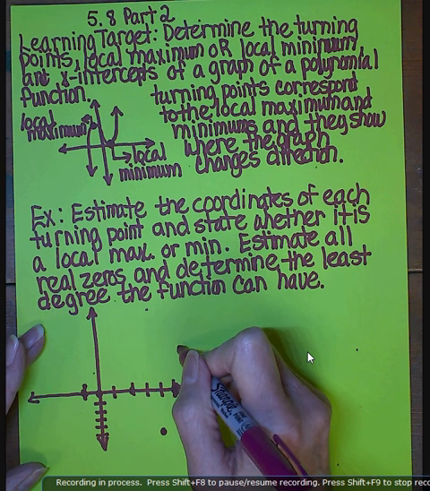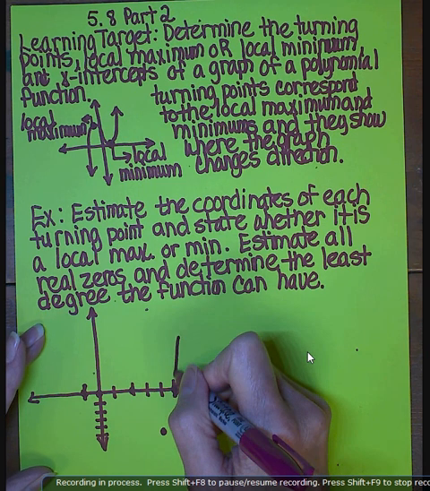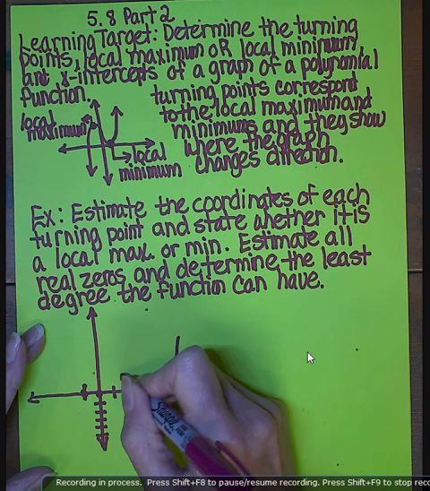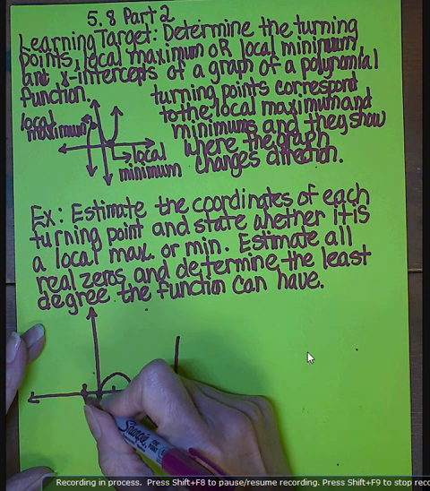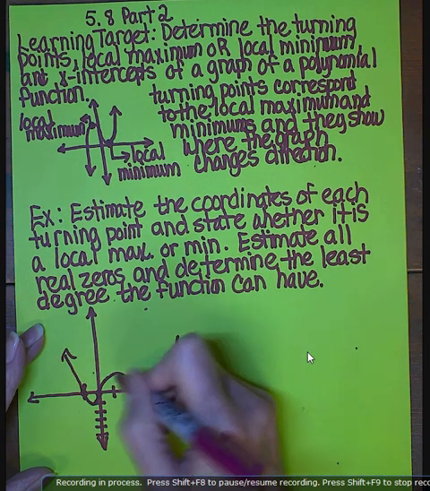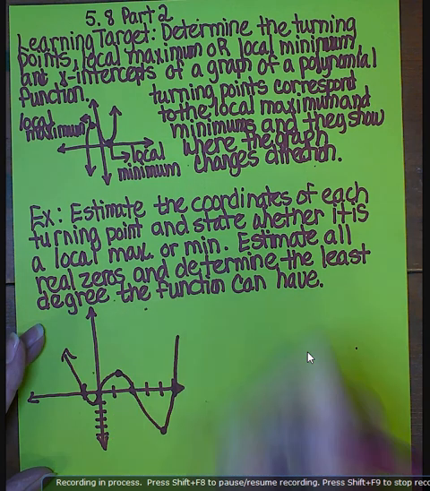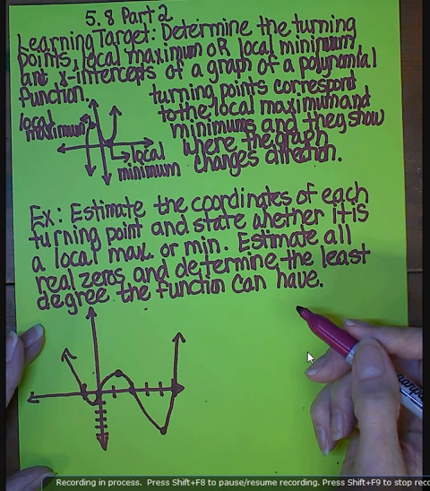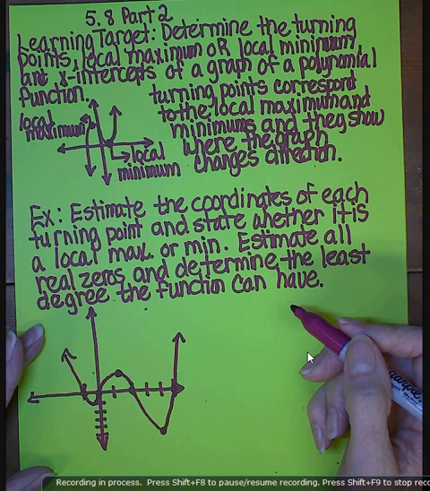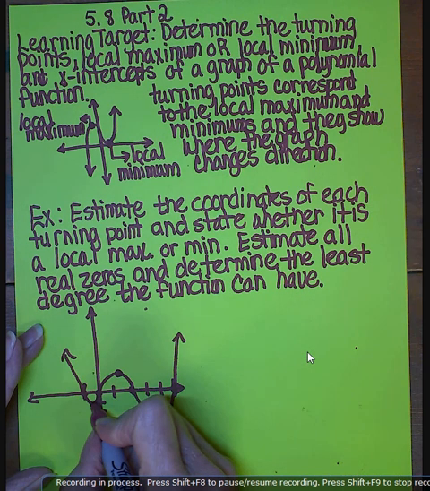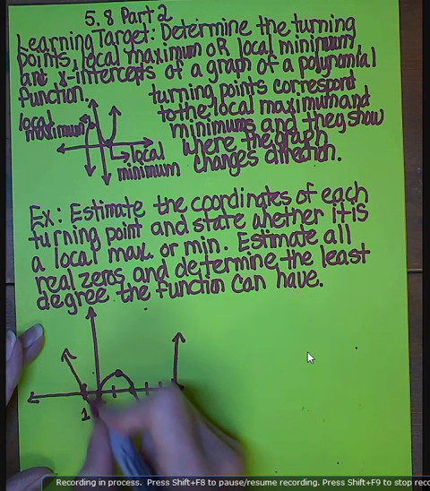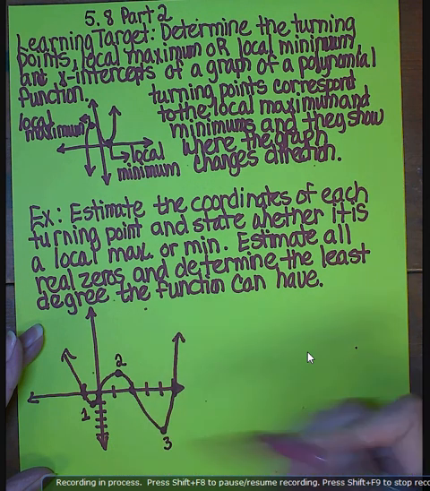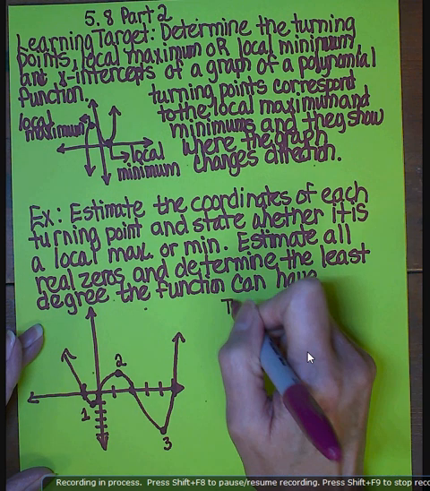Alright, so this is going to be an even positive graph. And we need to put a point right here too. Okay, so the first thing it says is estimate the turning points, the coordinates of the turning points. So I'm going to put another point right here. So this would be one turning point where it changes direction. Here would be another one, and here would be another one. So let's do the turning points.